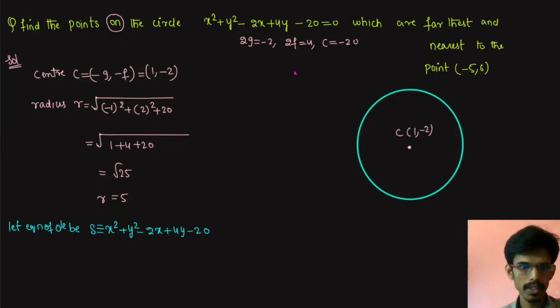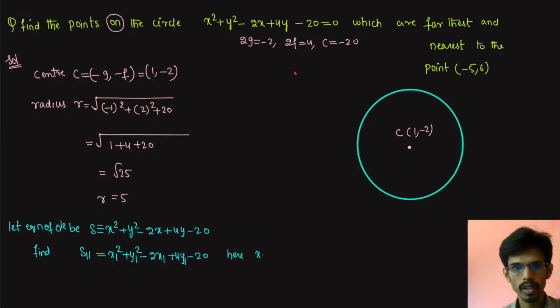Now let us find S11. S11 is nothing but x1 square plus y1 square minus 2x1 plus 4y1 minus 20. Here x1, y1 is the point given in the question, that is (minus 5, 6).